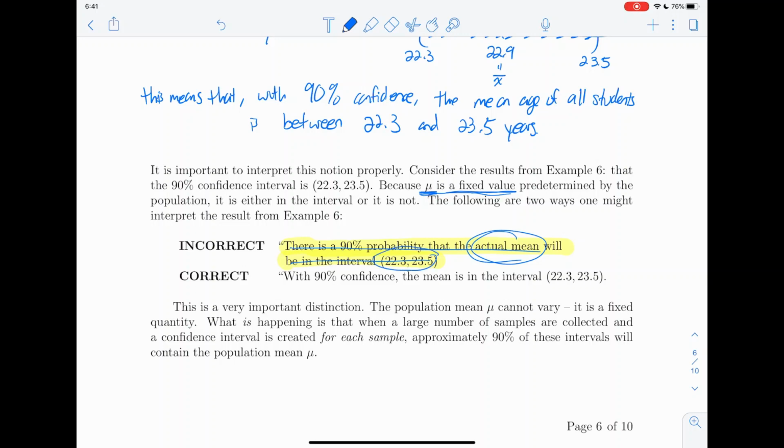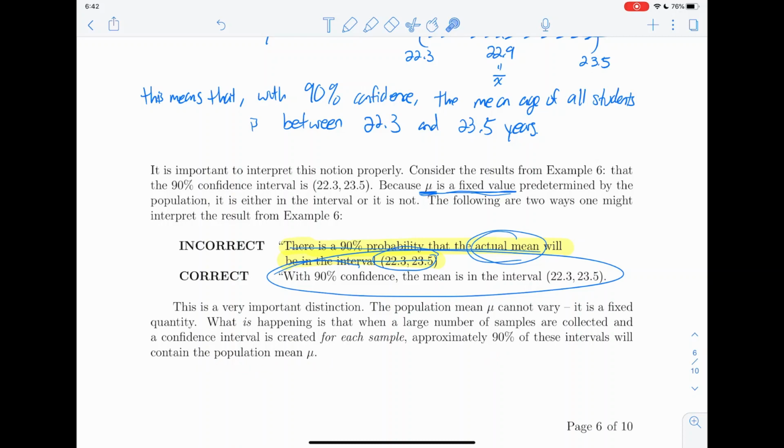What you're actually trying to say is this statement with the word confidence. That's the correct statement. That as your sample moves around, and for every sample you build out an interval, what you're saying is that 90% of the intervals you build for each sample will contain the population mean.